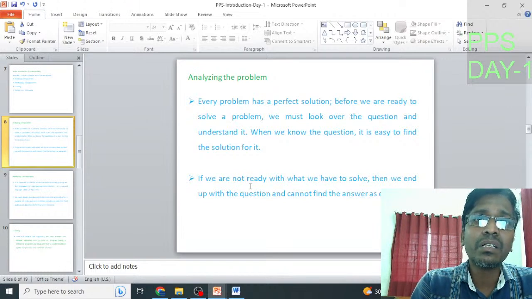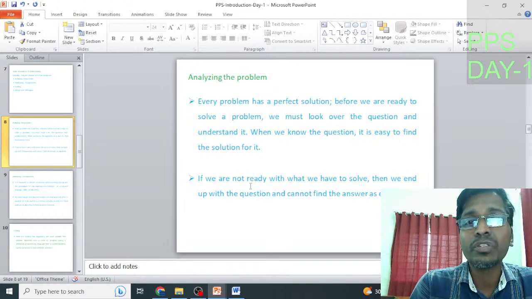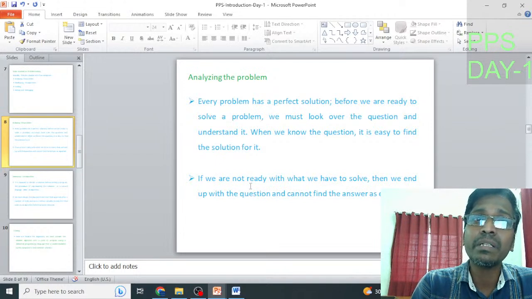If you know the question, then it is easy to find the solution for it. For example, if you don't understand what the professor has given in the assignment, it is very difficult to solve that assignment and to submit it.